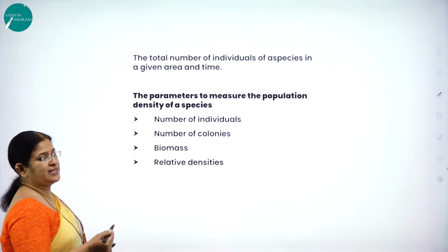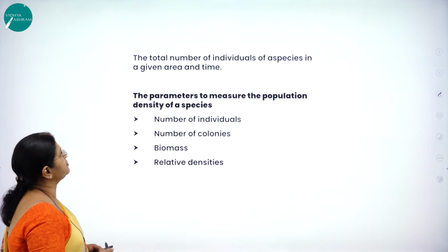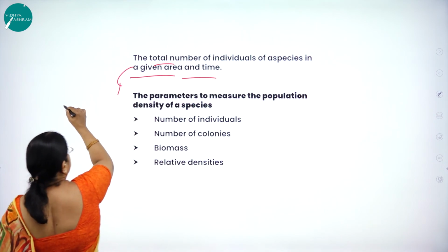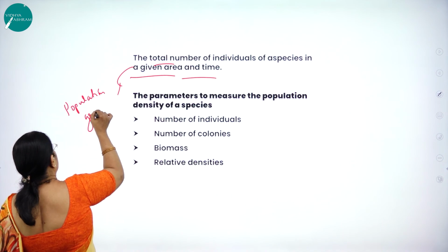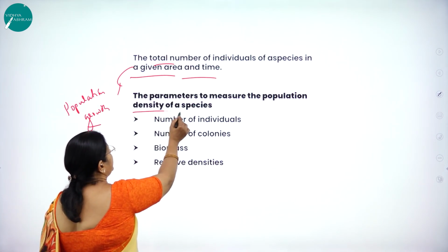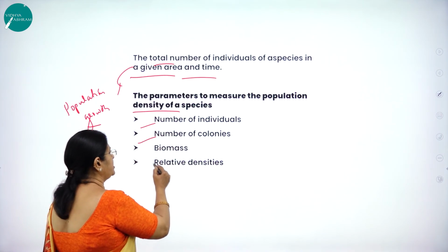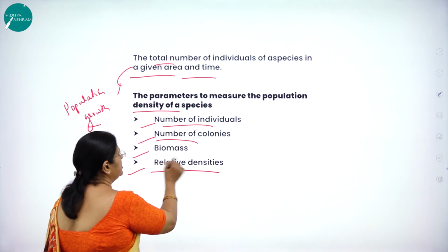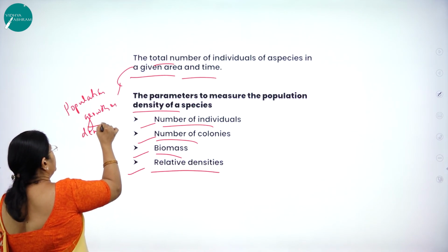So as I said, what is population growth? The total number of individuals of a species in a given area and time is called population growth, or we can use the word population density.